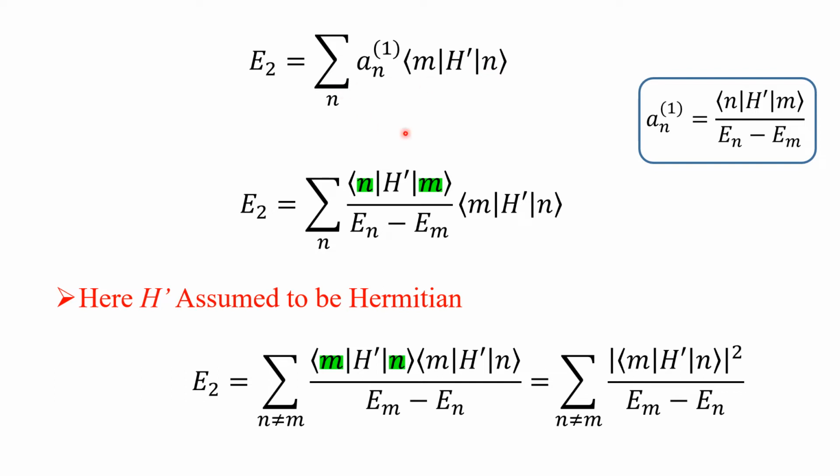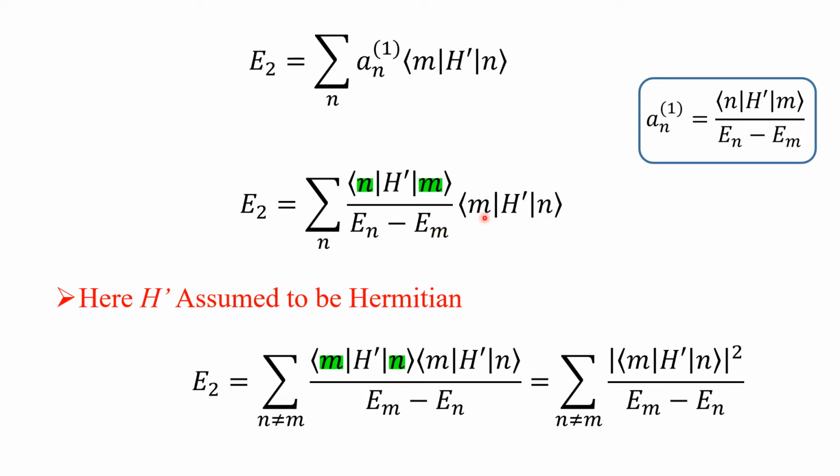From the first order perturbation theory, we have seen a_n^(1) is equal to <n|H'|m> over En minus Em, where Em is the initial energy eigenvalue and En is the final energy eigenvalue. So you just substitute and replace a_n^(1) with <n|H'|m> over En minus Em.